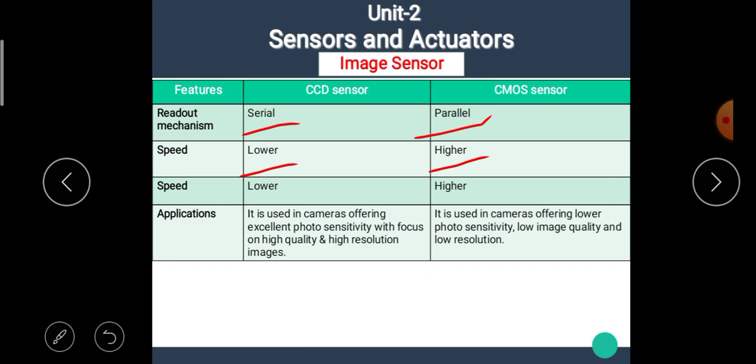The application of CCD is used in cameras offering excellent photosensitivity with focus on high quality and high resolution images, while CMOS sensors are used in cameras offering lower photosensitivity, low image quality, and low resolution.